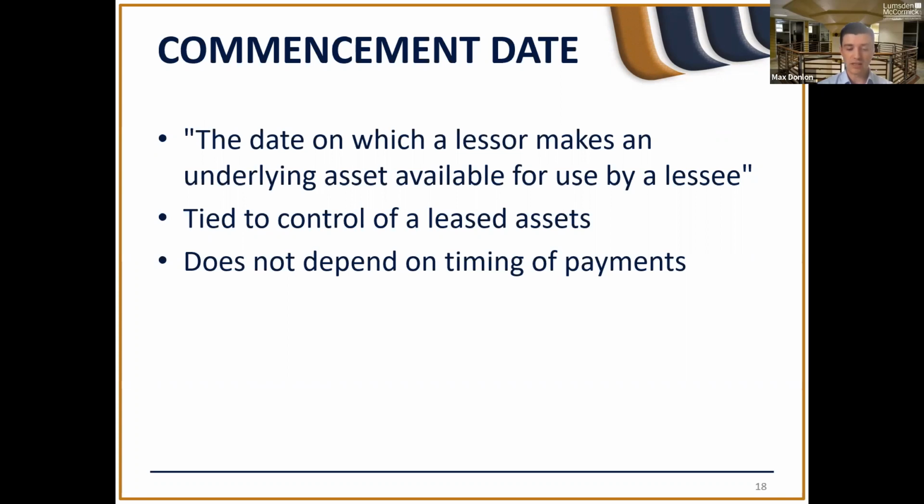Well, the lease will begin in August, even though the rent payments begin in October, since the retailer has access to and can control the space beginning in August. So the commencement date will trigger the accounting for the lease.